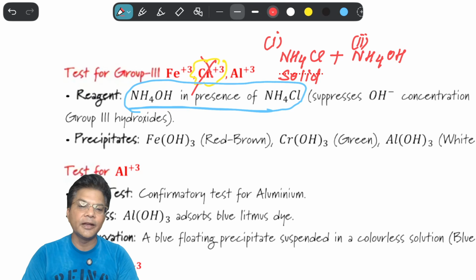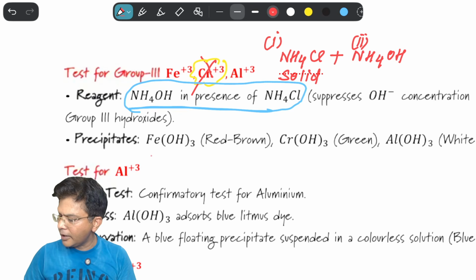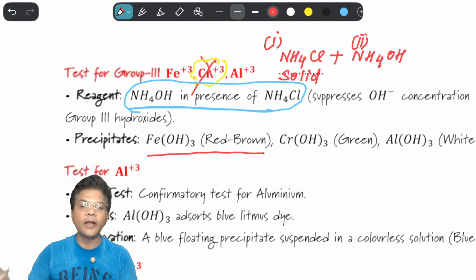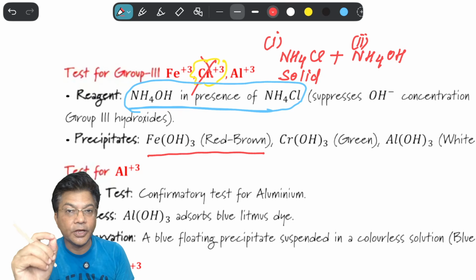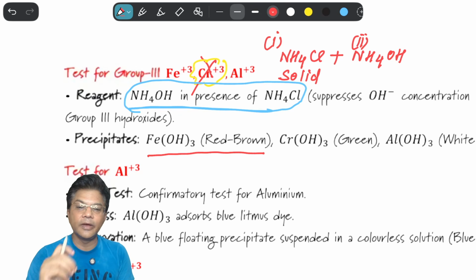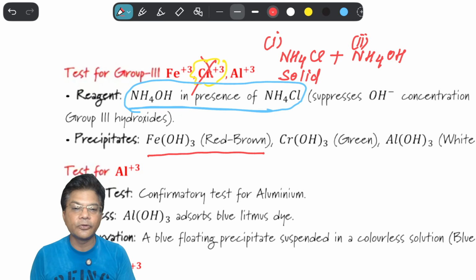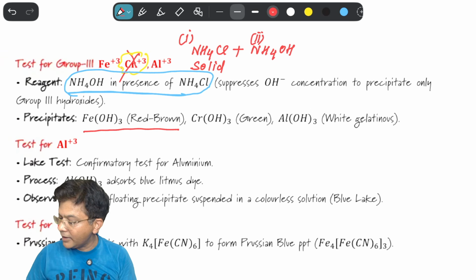If you add it, you will get reddish brown. If you are getting reddish brown color precipitate, as I have told you, all hydroxides are insoluble in water except ammonium, sodium, potassium, rubidium, cesium. So brown color indicates ferric hydroxide, green is chromium hydroxide, which is not in the syllabus, and gelatinous white.